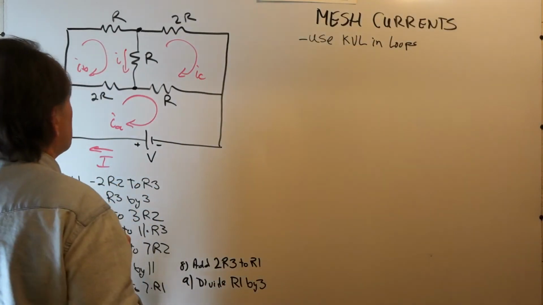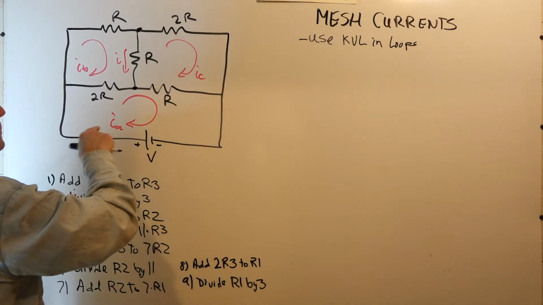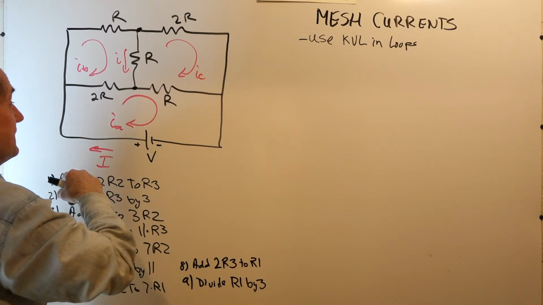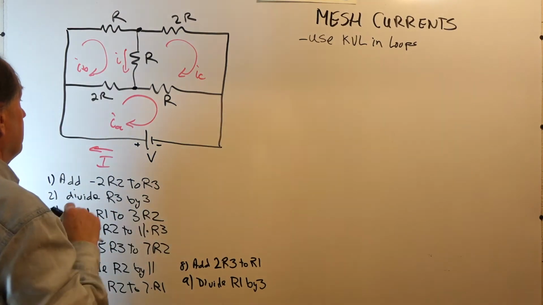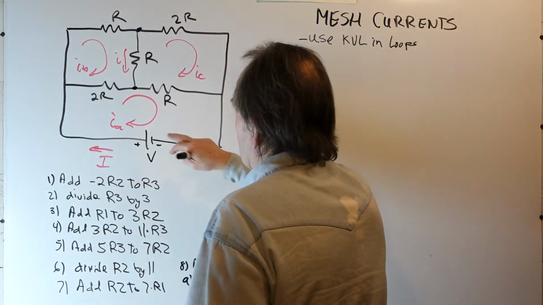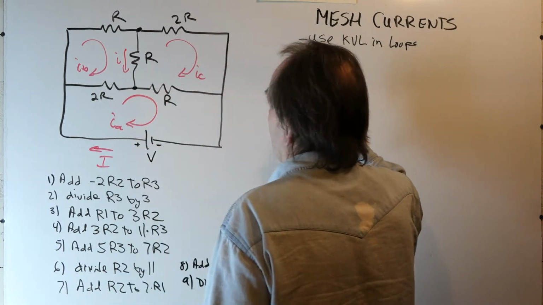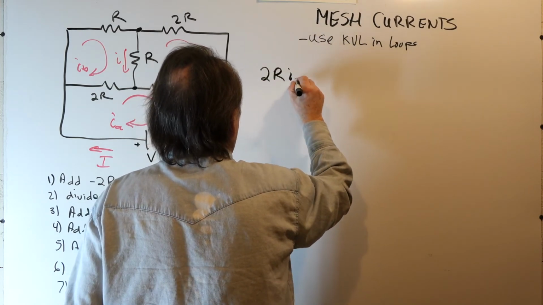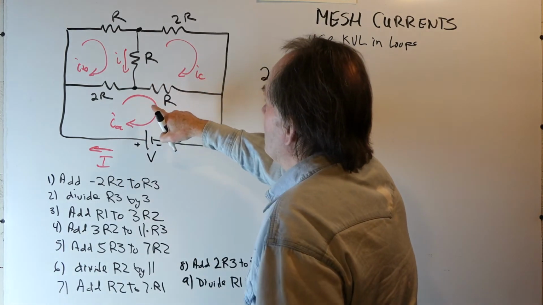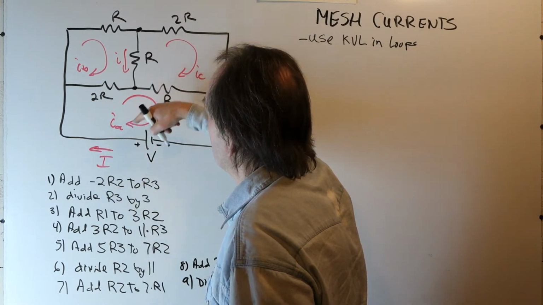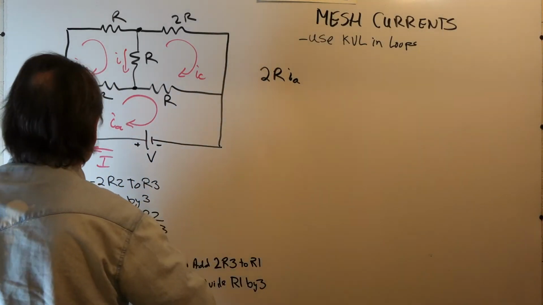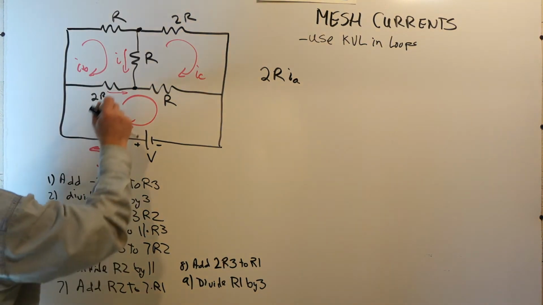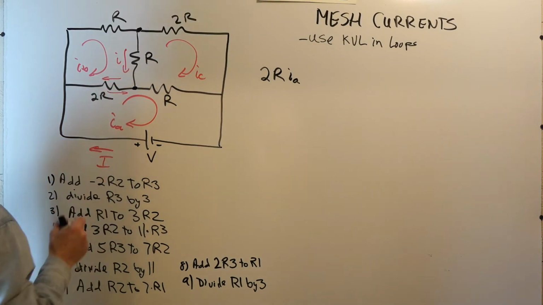So what we do is we write Kirchhoff's voltage law around each loop, and we take it in order of IA, IB, and IC, and we'll put it in matrix form. So writing Kirchhoff's voltage law around this loop, we have IA going through 2R, so we have 2R IA minus... see, IA is flowing in this direction, and we have IB flowing in that direction.